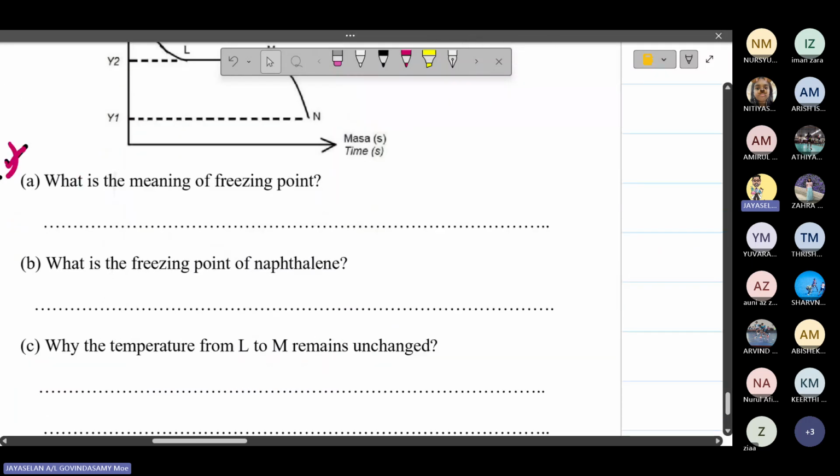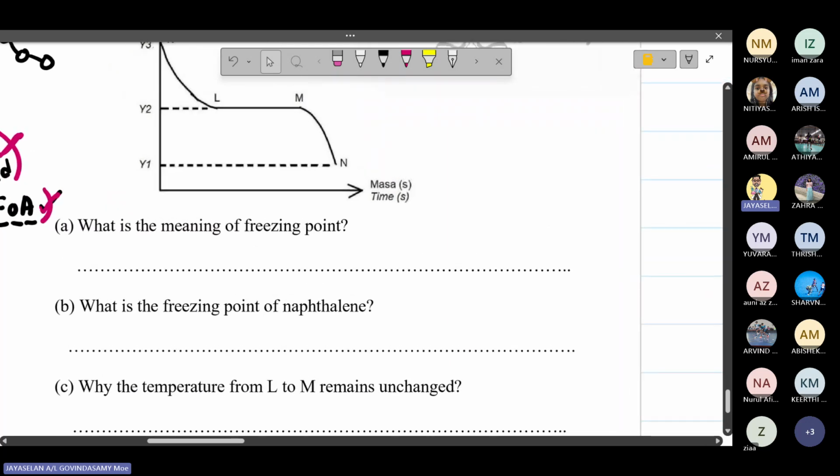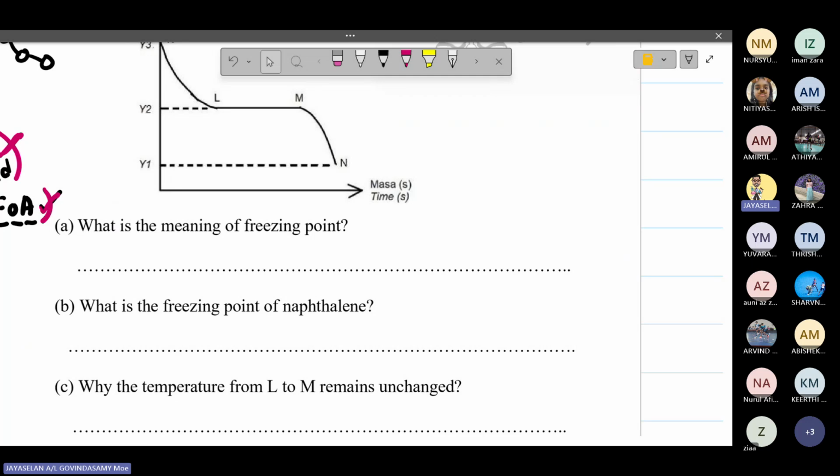Okay, number one done. Number two, what is the freezing point of naphthalene? This is the 2022 Johor trial paper.